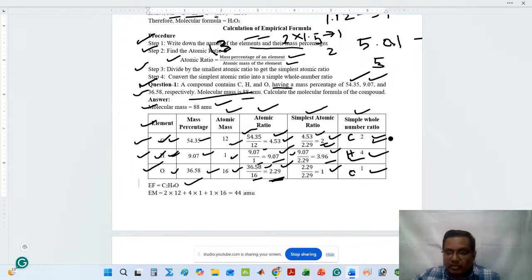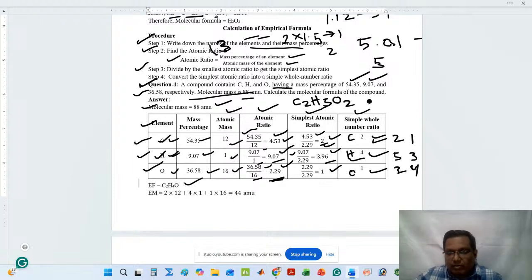Suppose here the value may be 2, maybe 5, maybe 2. Then what will be the empirical formula? The empirical formula must be C2H5O2. Suppose this is your 1, this is your 3, this is your suppose 4. Then what will be the empirical formula?